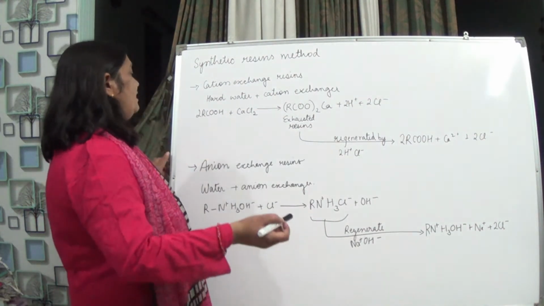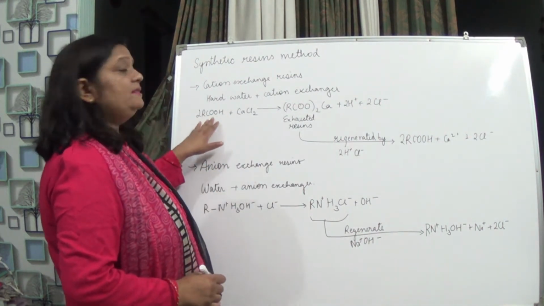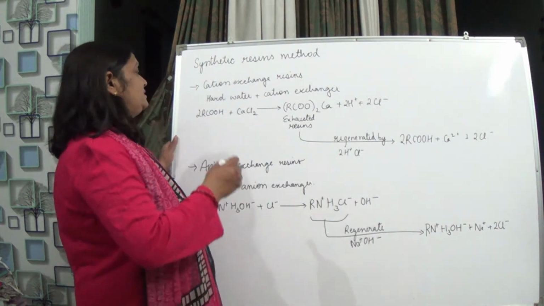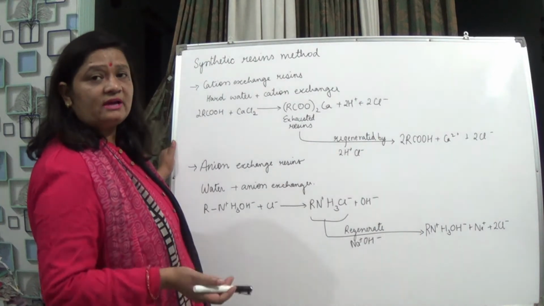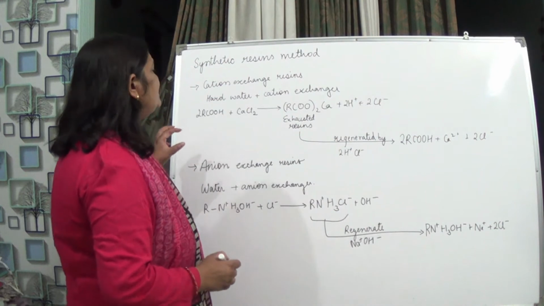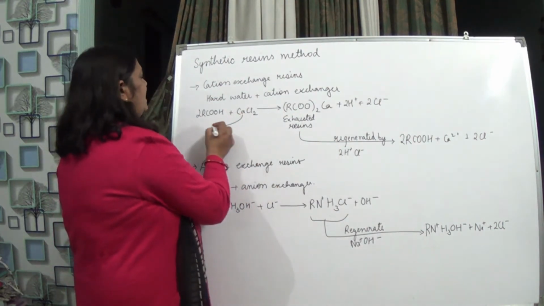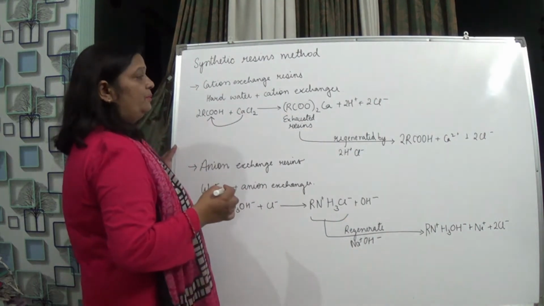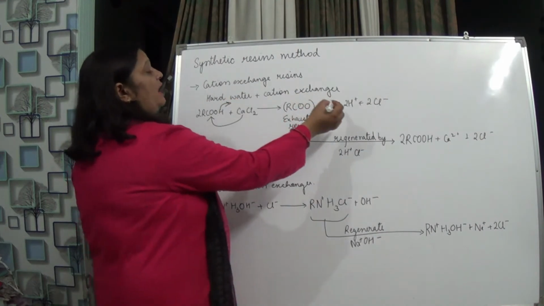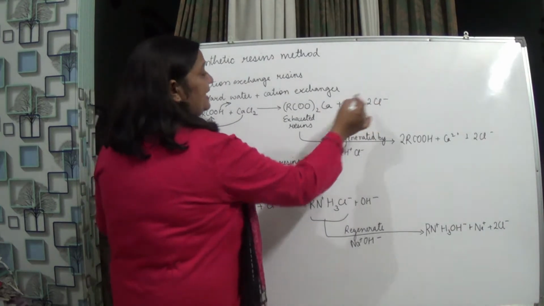For example, if we take RCOOH, R represents the long hydrocarbon chain. The hard water consists of calcium chloride or sulfate, or magnesium chloride or sulfate; taking calcium chloride here, the calcium gets attached to the RCOO group, and H+ ions and Cl- ions are removed out.